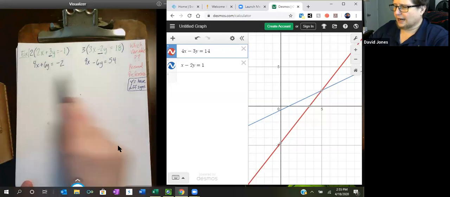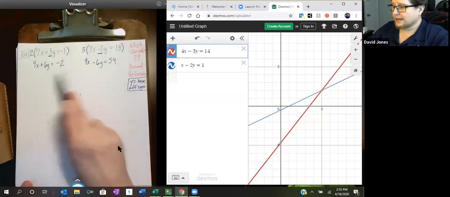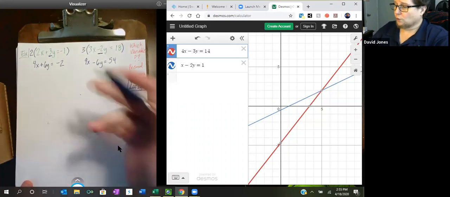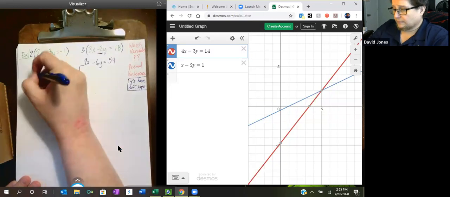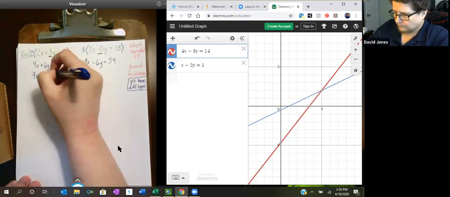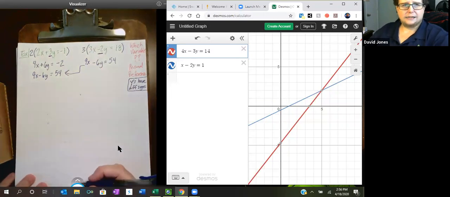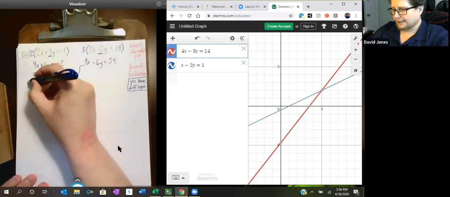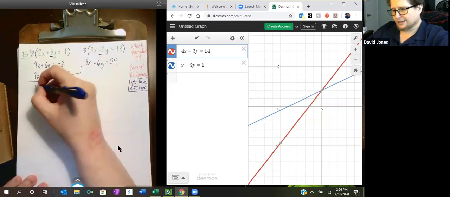Notice they now have equal but opposite values. +6, -6. So what I'm going to do is I'm going to stack them, and then I'm going to add vertically. 4x plus 9x is 13x.